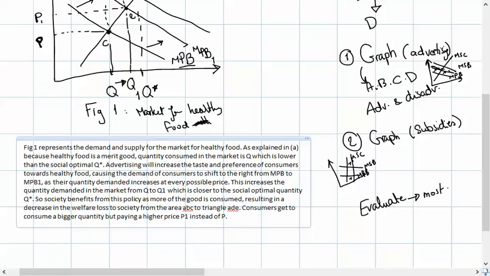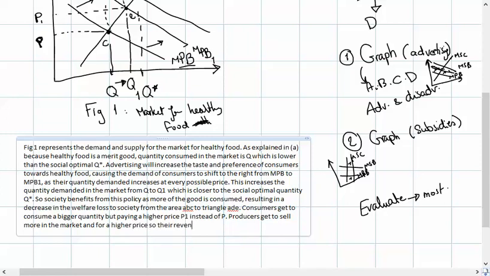Second thing, producers get to sell more in the market and for a higher price, so their revenue increases.